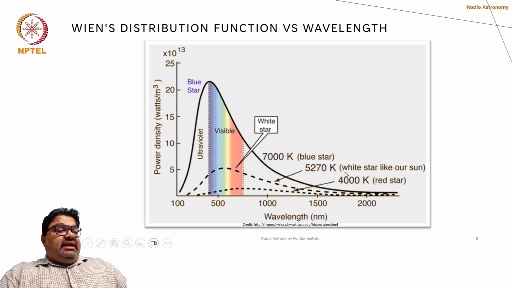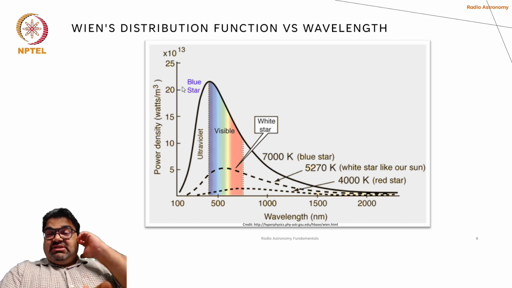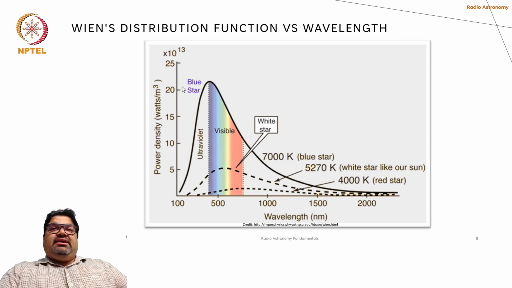For a white star like our sun at 5270 Kelvin, the peak value occurs in the visible range. For a blue star of much higher temperature, the peak is from visible to ultraviolet. So as the temperature of the star becomes hotter and hotter, the peak slowly shifts from infrared to visible to ultraviolet.